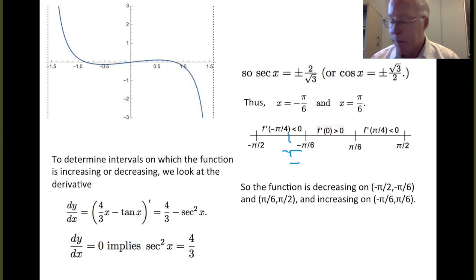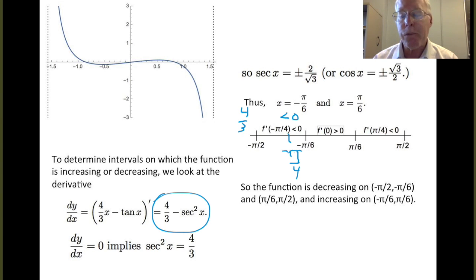If we put minus pi over 4 into f prime, we get 4/3 minus secant squared of pi over 4. The secant of pi over 4 is root 2, so this becomes 4/3 minus 2, and hence that turns out to be less than 0.